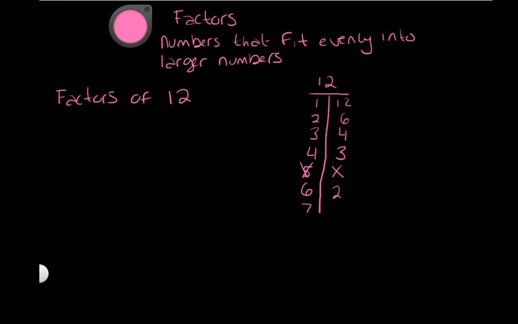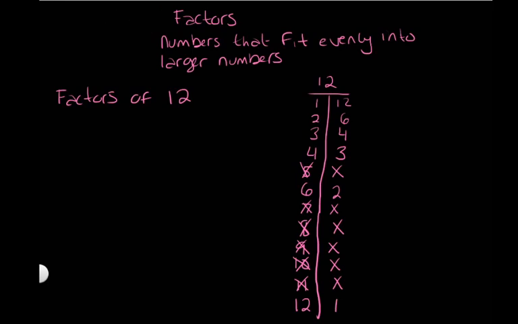7? Nope, doesn't go evenly into 12. 8? Nope. 9 doesn't work. 10 doesn't work. 11 doesn't work. 12, well, that one works. 12 divided by 12 is 1. So these are our factors.